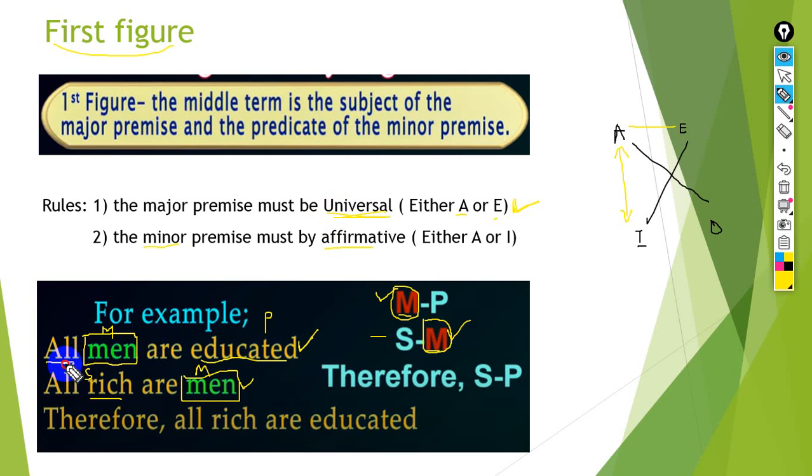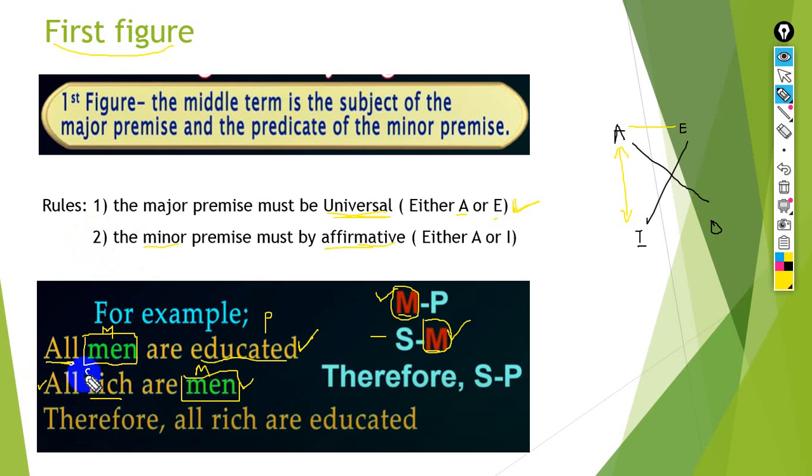Okay, so here in the second premise, all rich are men, we again said that it must be affirmative. Here we took affirmative. If you take some rich are men, that is correct, no problem. But when you write some rich are not men, that will be wrong according to the rule.